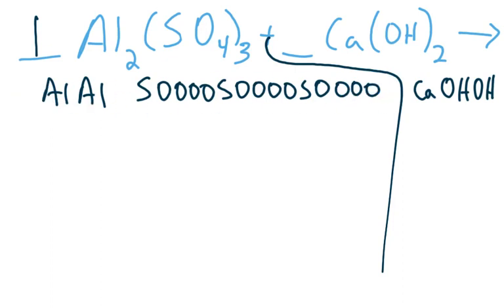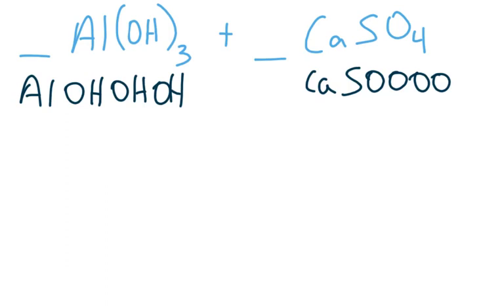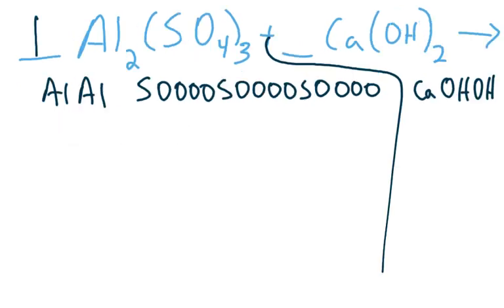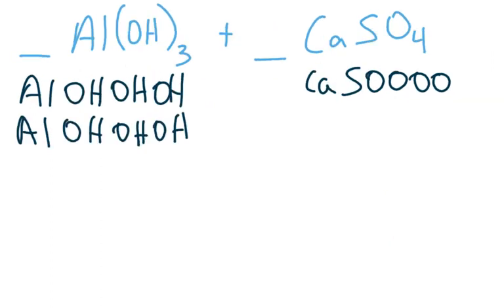So if I needed so much as to get an extra S, I'm going to have to make this whole thing over again. So let's hope I don't have to do that. If I look, I have 2 aluminums on this side and only 1 there. So I need to duplicate this one. But again, the whole thing comes with it. So my aluminums are good.